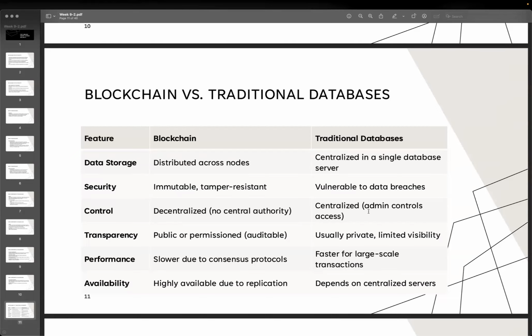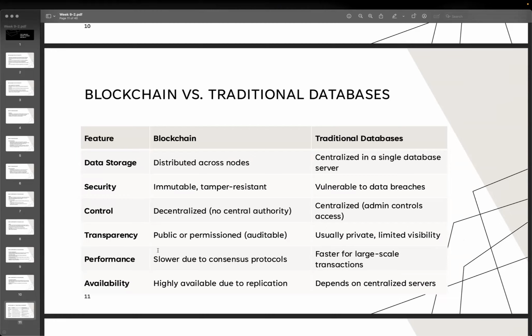The blockchain we can open for the public or with some permission, so it's auditable, because all those nodes are involved. For our database, sometimes we just keep it private or host it on our own server, so we have limited visibility.